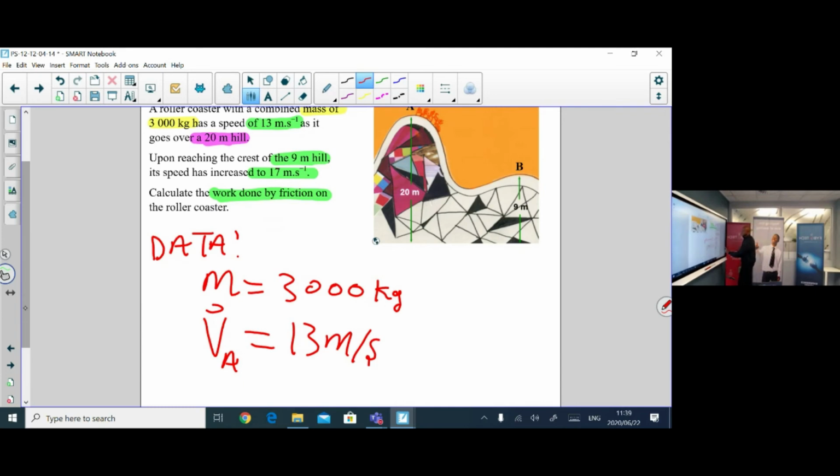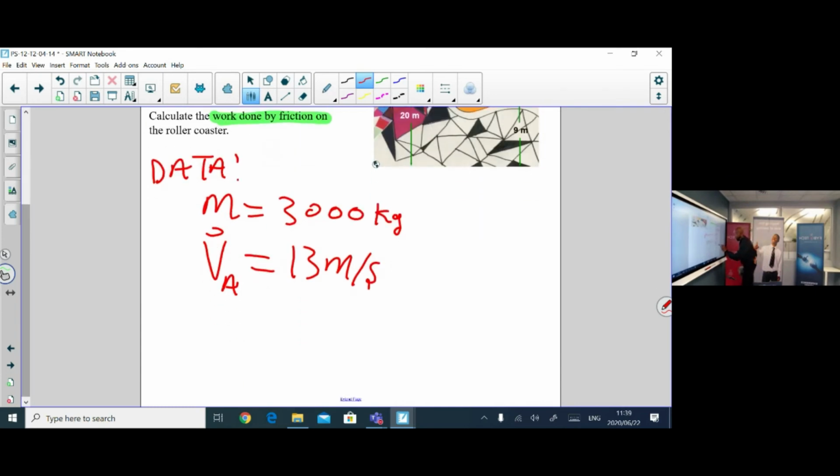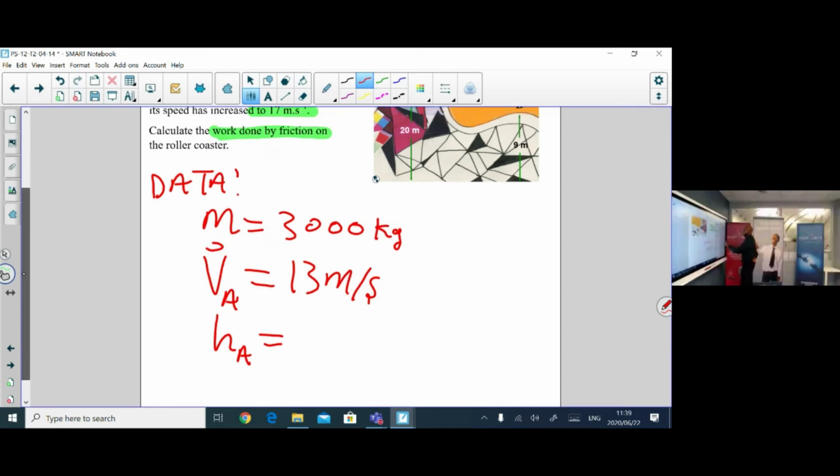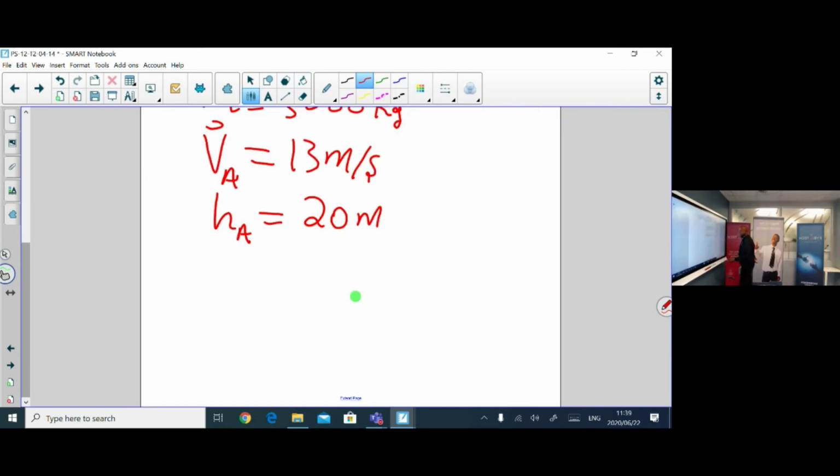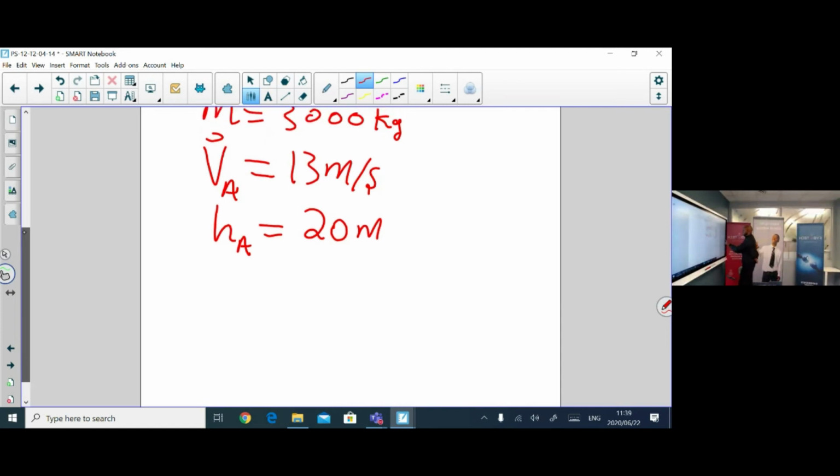We have H, in other words, that is the height, which is equal to 20 meters. Okay. Let me extend the page. If we have that, what else?